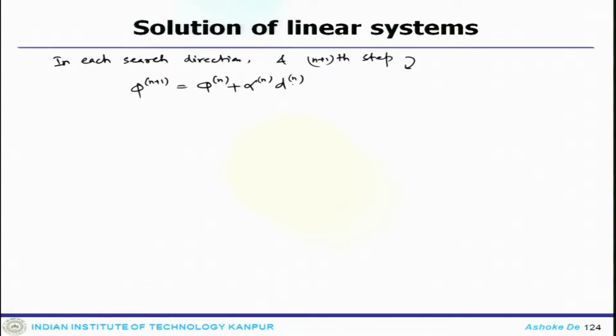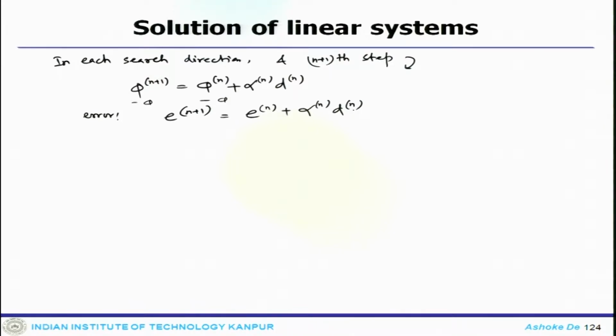Now you subtract phi from both sides, and you get the error at the n plus 1 level: E n plus 1 equals En plus alpha n dn.